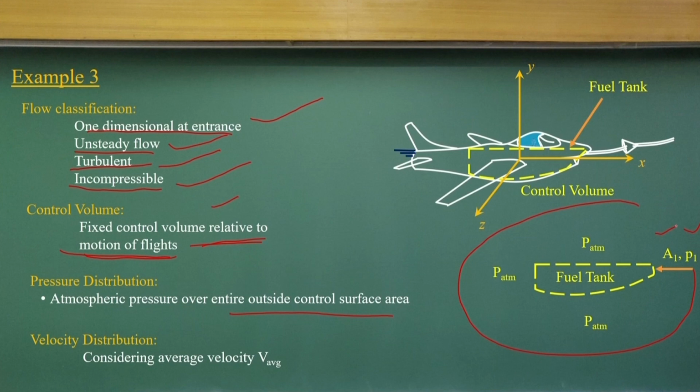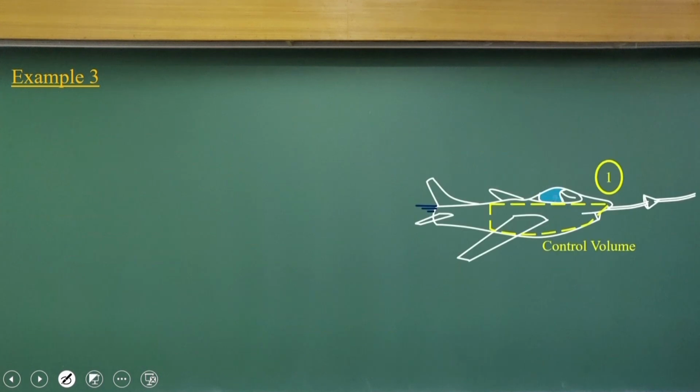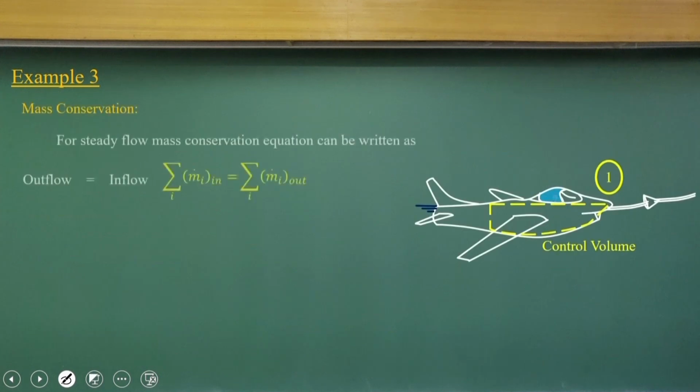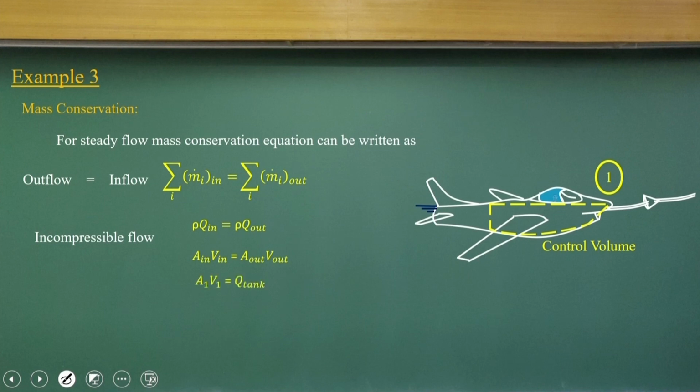The velocity distribution we can again take as average velocity V, with beta equal to 1. Now, let us apply the mass conservation equation, inflow minus outflow, and in this case V in equals V out. That means whatever inflow comes in, that is the discharge the tank is getting, A1 V1.